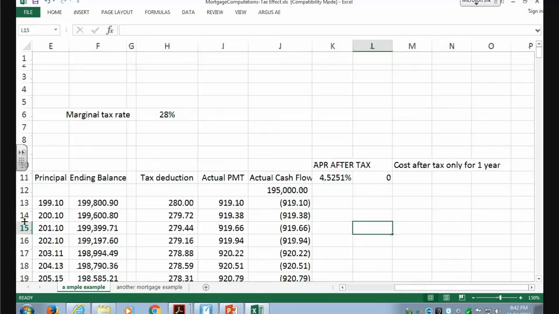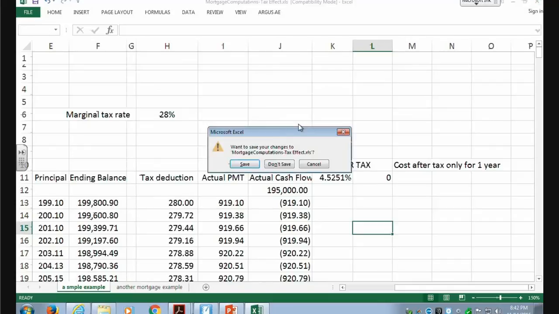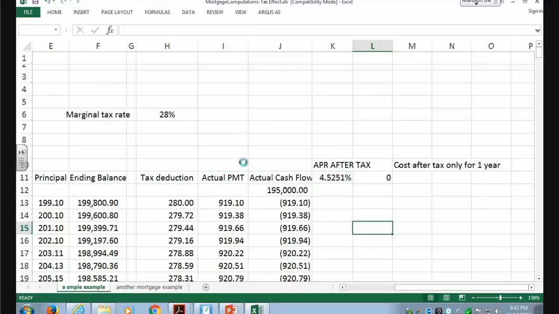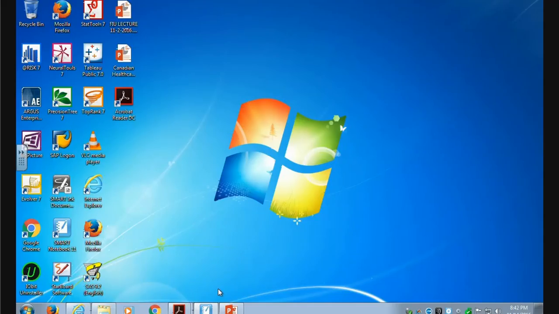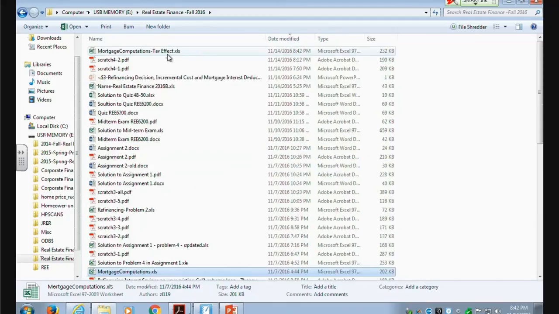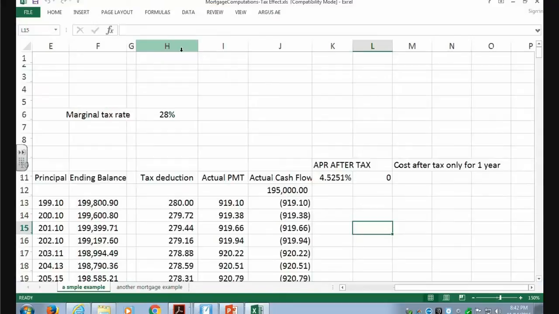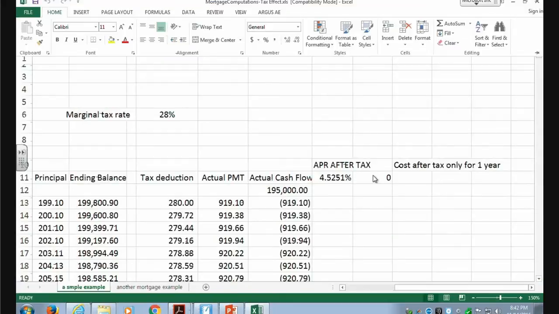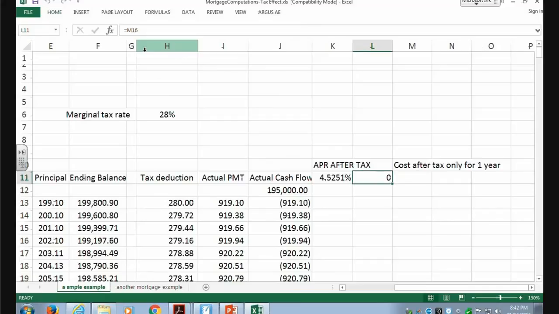Probably save it. Okay, I reopen it. I will put the text effect on our course website. Why can I not change it?